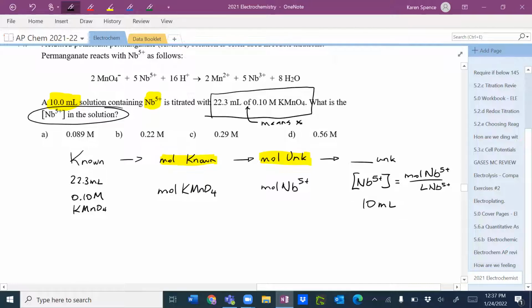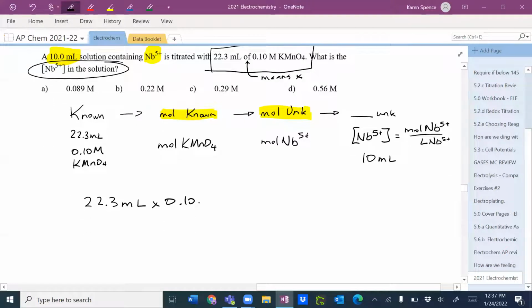So if you're given 22.3 milliliters of 0.10 moles per liter of the KMnO4, if you just substitute times for of, then your liters cancel out nicely and you are left with millimoles. I'll go through it again real quick with regular moles.